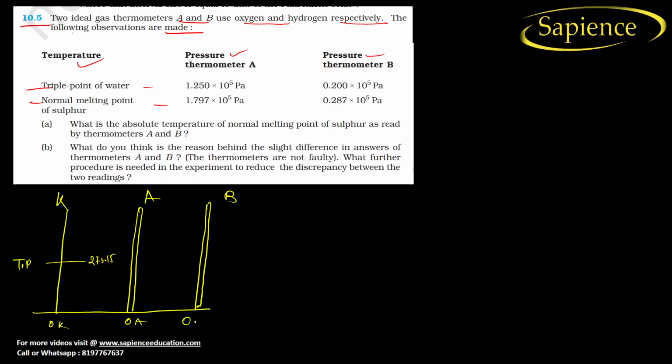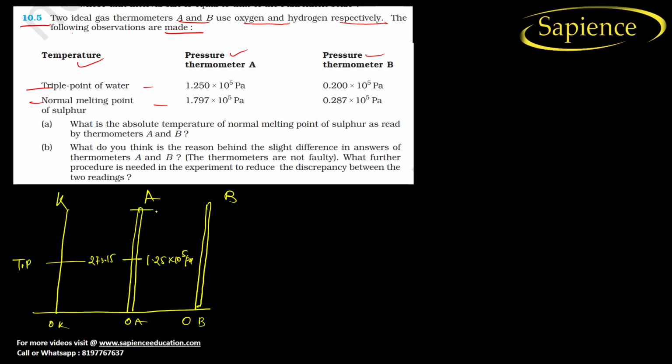This is 0A, this is 0B, and the triple point for scale A is 1.25 into 10 to the power 5 Pascal.